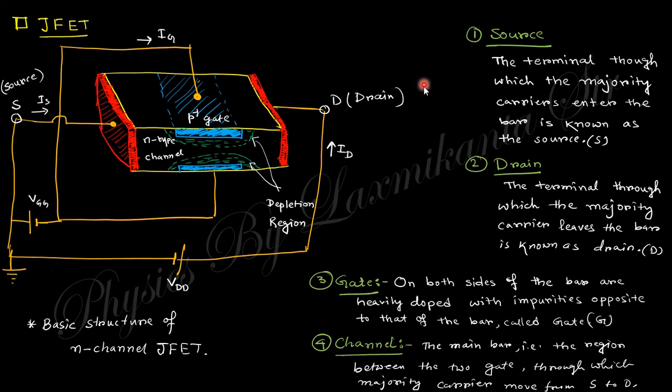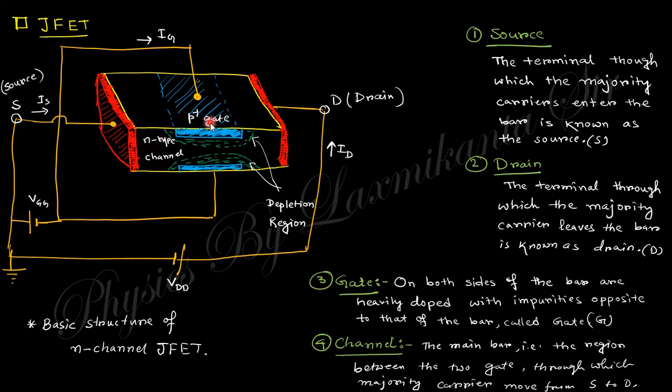Okay, the source is nothing but the terminal where the majority carriers enter the bar. You can see the connection is like that, so electrons flow from that region to that region. So this is the source, because the electron, the majority carrier of this bar, flows from that region to that region.